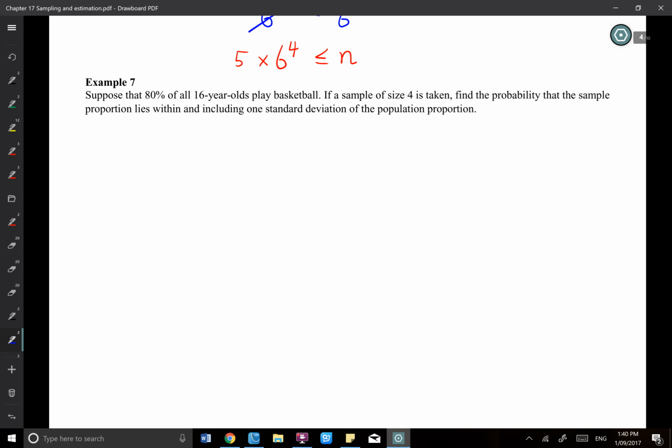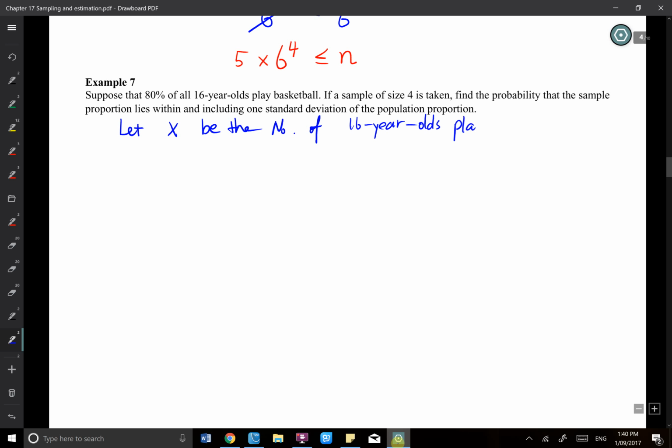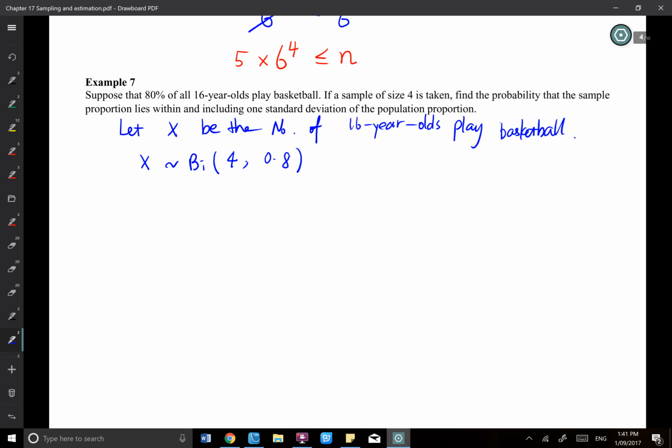Okay, so first I will let X be the number of 16-year-olds who play basketball. X is binomially distributed with 4, 0.8. And then the expected P hat must be 0.8.